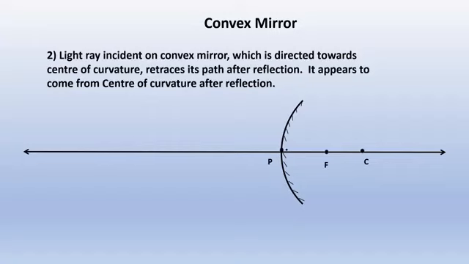The second rule, the light ray is incident on the convex mirror in such a way that it is directed towards center of curvature, it retraces its path after reflection. So using these two rules, we can draw the image formed by the convex mirror.